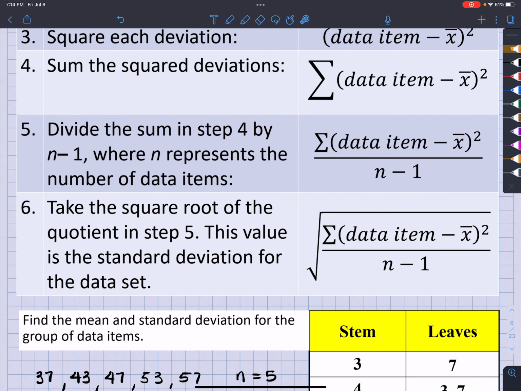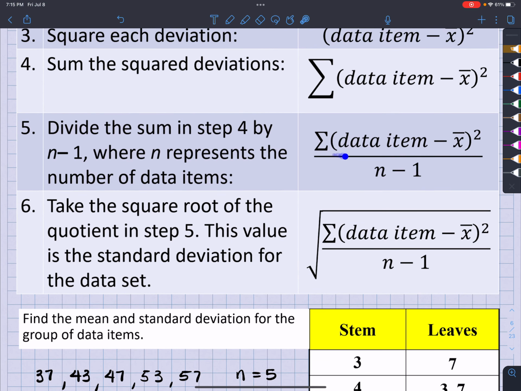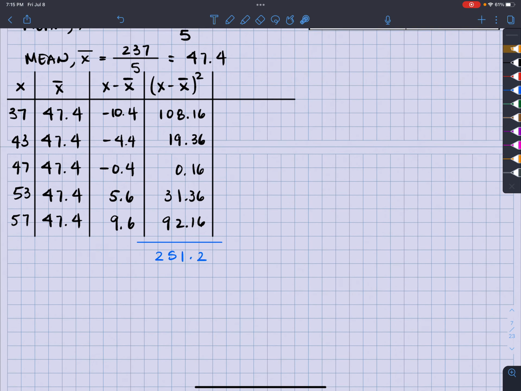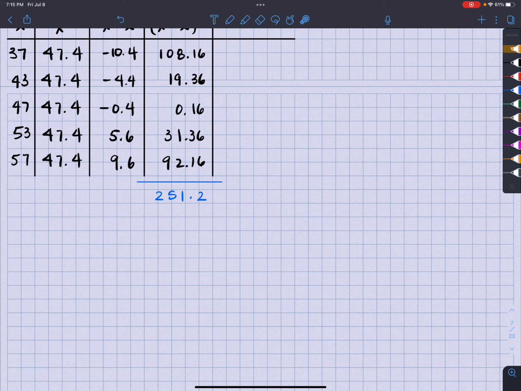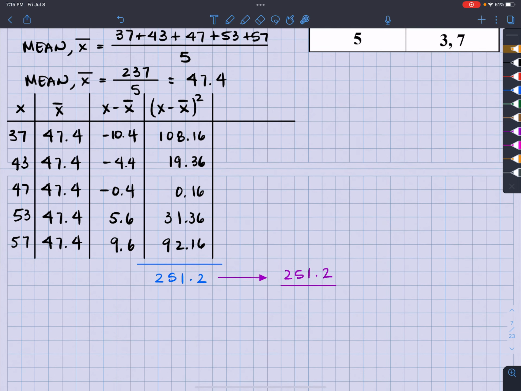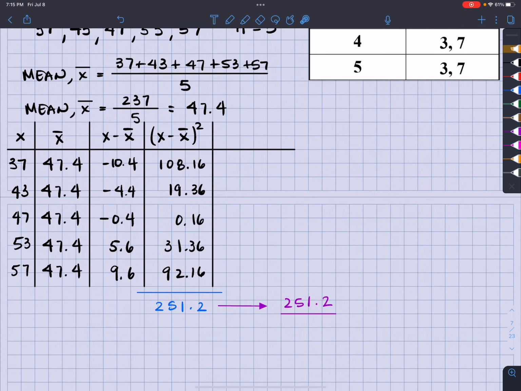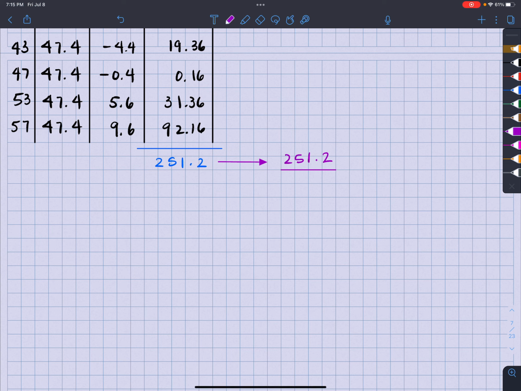What's the next thing? I have to take that sum, 251.2, and divide it by n minus 1. What was our n? n is how many items there are, so n was equal to 5, and n minus 1 is 5 minus 1.